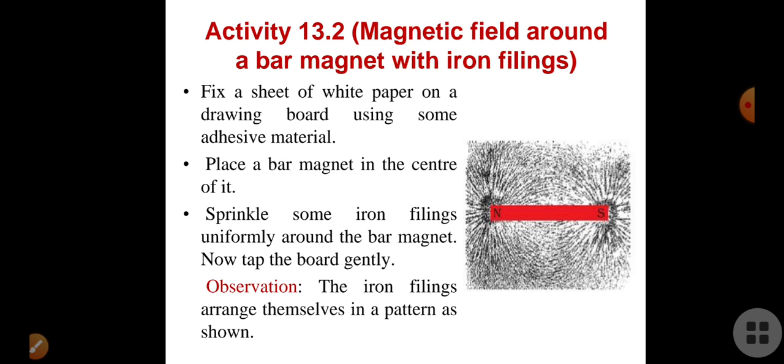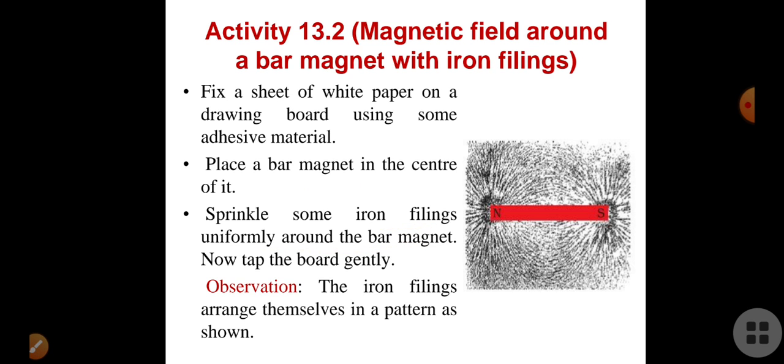In this very simple activity, we will fix a sheet of white paper on a drawing board using some adhesive material, and then place a bar magnet in the center of it like this. Now sprinkle some iron filings uniformly around the bar magnet.